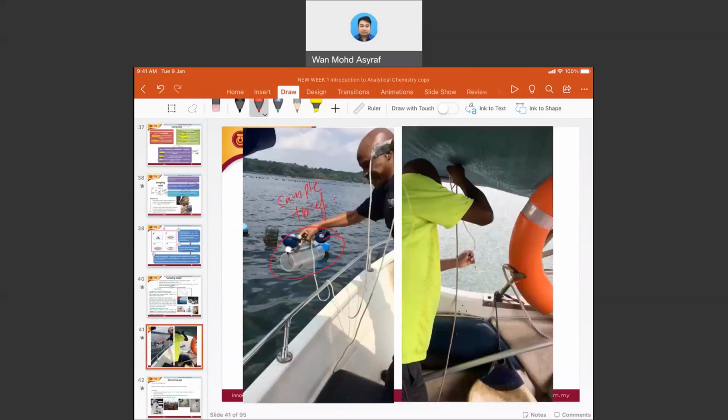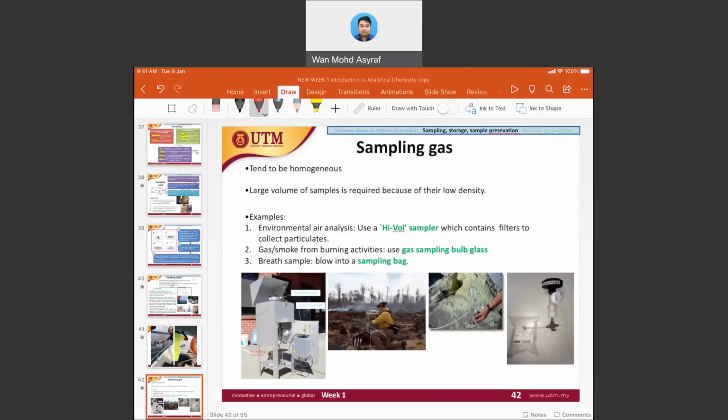Alright. So, how are we going to sample gas? Okay. Gas also tends to be homogeneous. All right, a large volume of sample is required because of their low density. So if we were to look at how much sample is needed for each of the following, gas is going to be the highest volume because of its low density.